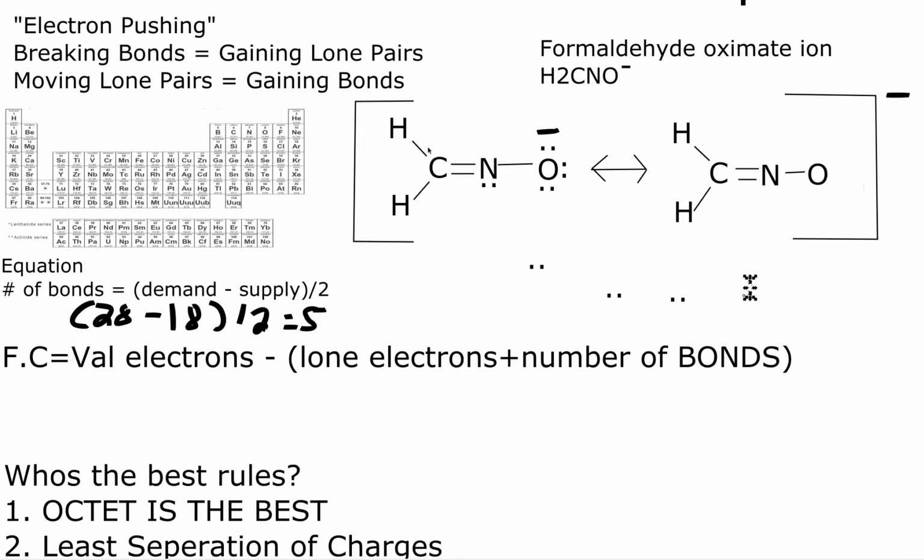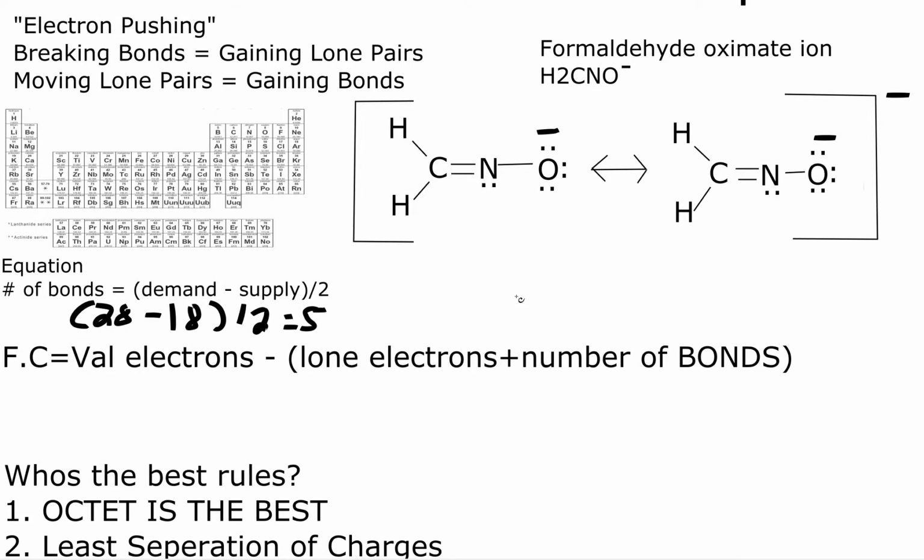Okay, let's move these. I don't know why I put those there. They don't go there. And we put these up here. We cannot forget our charge. Our charge was on the oxygen.